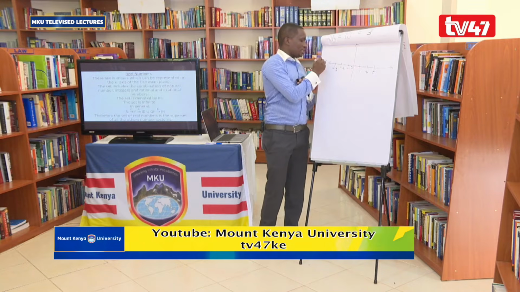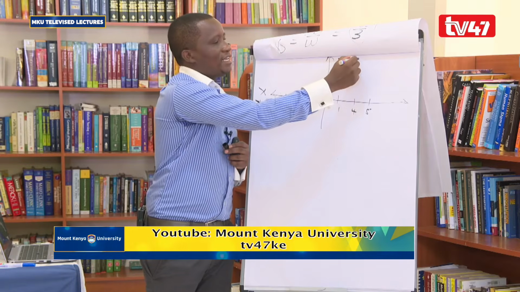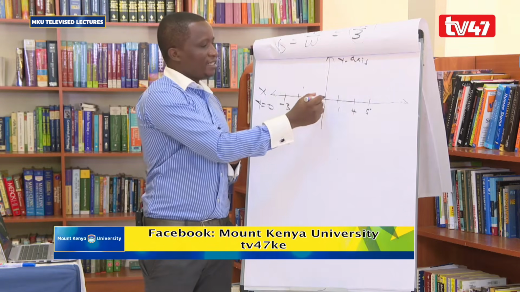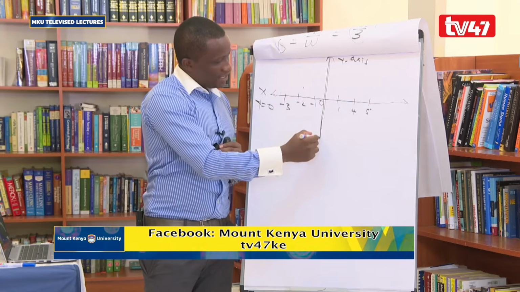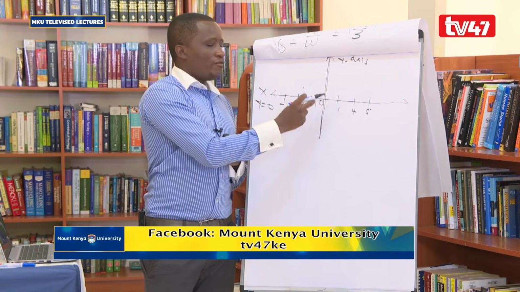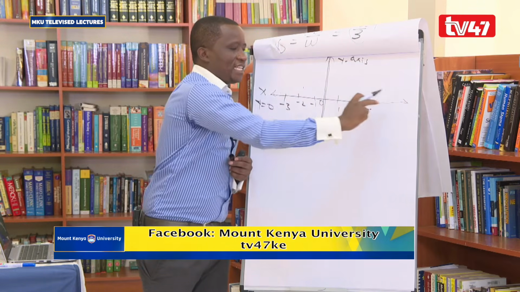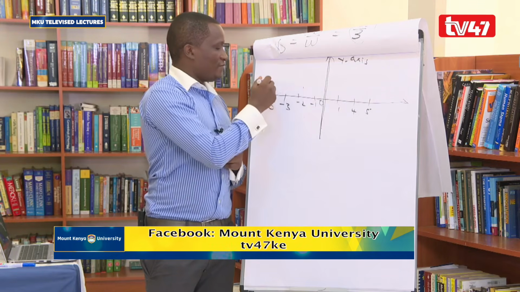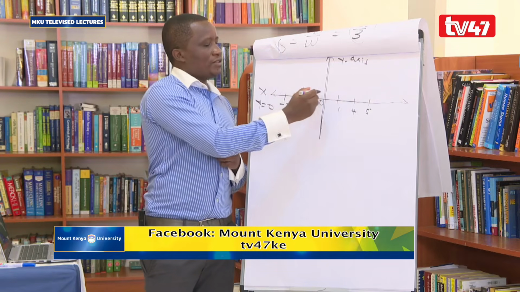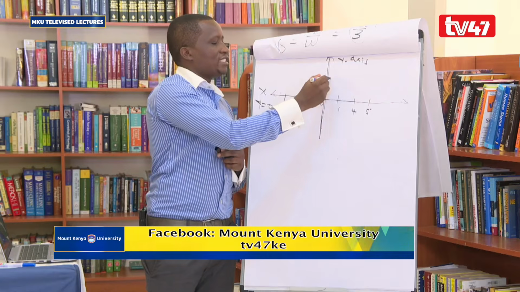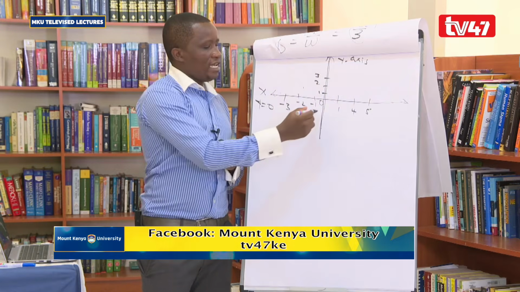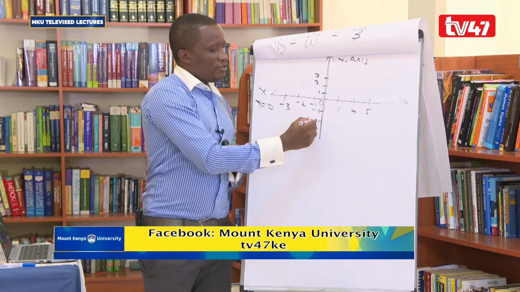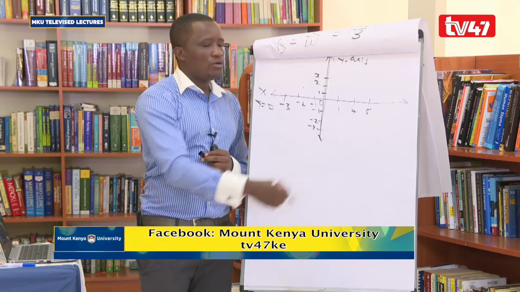This is called the x-axis, and we also refer to it as the line y equals 0, because this being the y-axis, at this point along this line the value of x is 0. This being the x-axis, along this line the value of y is 0, so that any point above this, you get positive values of y, and any point below this, you get negative values of y.